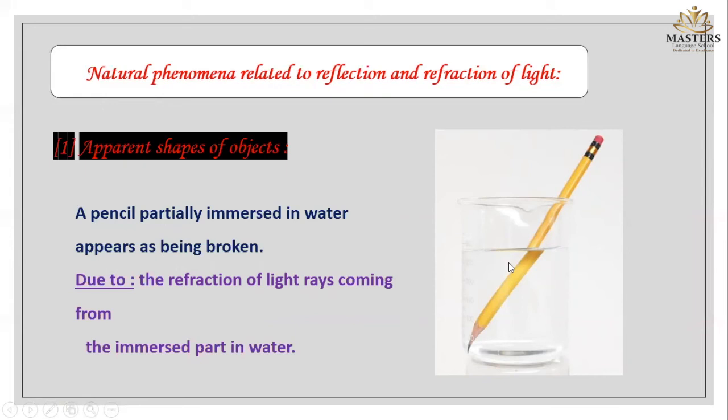But what happens? The light speed changes from the air to water. So this is the apparent shape of objects. Apparent means imaginary or tricky.